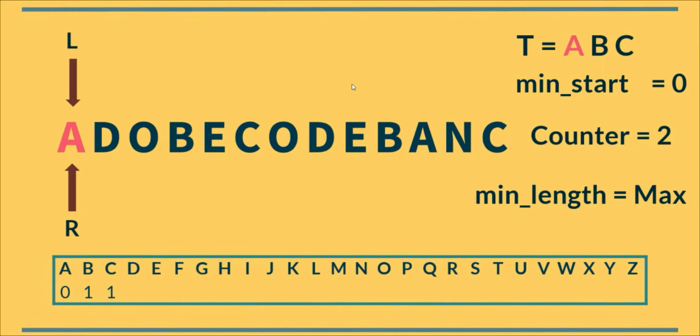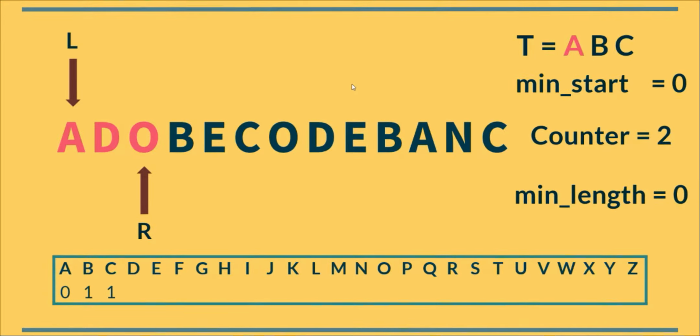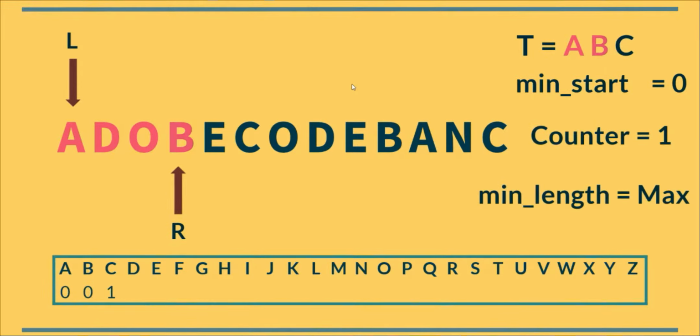Now we move our R pointer towards the right again. It points to D. D does not belong to our string T, so it does not bother us. We just ignore it and move on to the next character. Similarly, O does not belong to T, so we ignore it and move on. Now R points to B. At this point, we decrement the value of B in our hash map and it becomes 0.